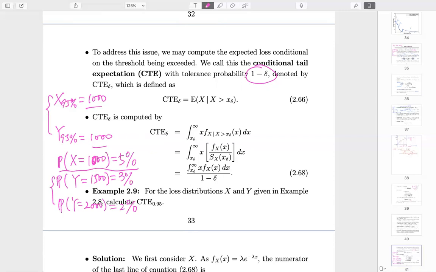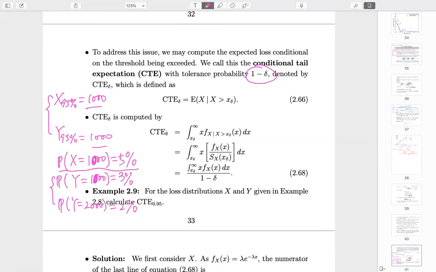Basically, what we have done here is this. We know there is a 5% chance of seeing a loss of more than 1,000, right? In the case of X, it's degenerate. Everything is exactly located at 1,000. But for Y, the scenario is different.